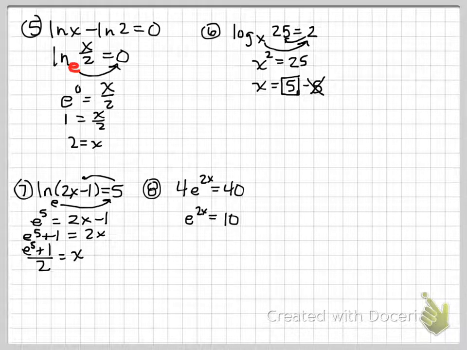I need to get rid of the e, so the opposite of our e is our natural log, so that's going to help me get rid of it. That's our inverse. So take the ln of e to the 2x on both sides. The ln and the e are going to cancel, and you're left with, oh, I wrote 2x there, I'm sorry. That should be a 10.